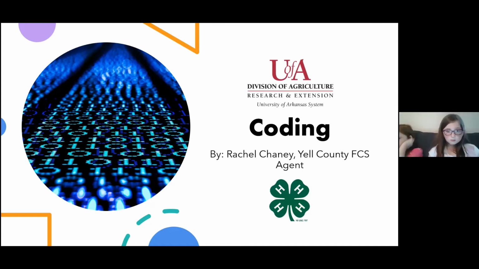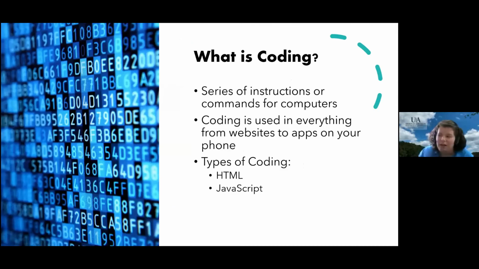So coding is one of the things related to science. I have some brief information here on what is coding. It's a series of instructions or commands that you use for computers, telling them what you want them to do, giving them instructions and layouts for how to do things.